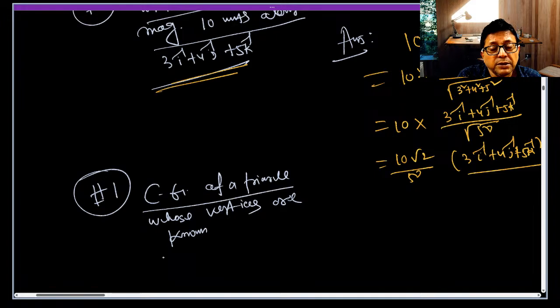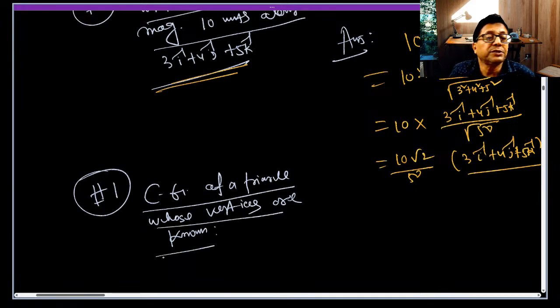Known means just you take a point or position vector concept, just do it. Center of gravity of a triangle whose vertices are known. See how the concept so far we have learned helps us.